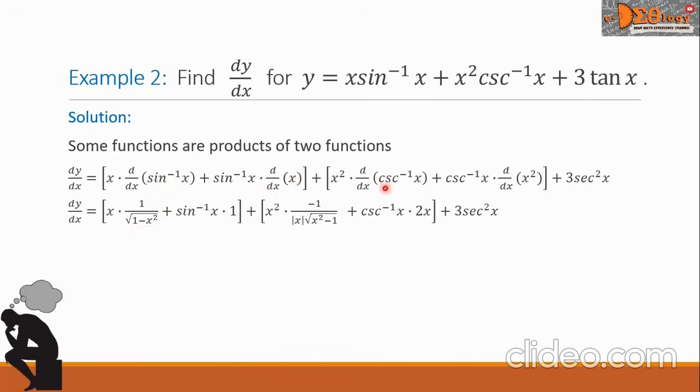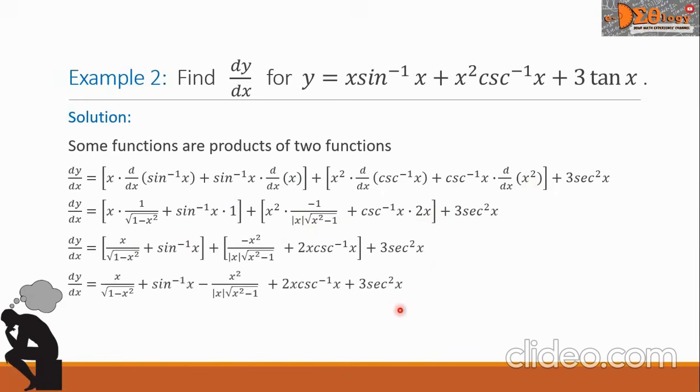The derivative of cosecant inverse x is negative 1 all over absolute value of x times the square root of the quantity x squared minus 1. The derivative of x squared is 2x. Simplifying further, this line now becomes like this. In the next line, we will simply remove the grouping symbol, and we will have this as our final answer.